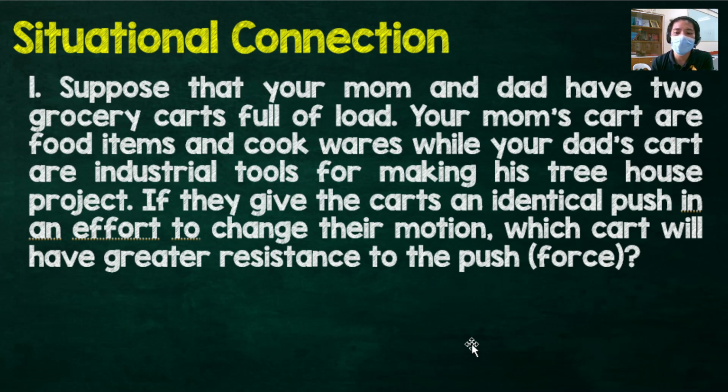If you give the carts an identical push in an effort to change their motion, which cart will have the greater resistance to the push? Is it your mom's cart or dad's? Go ahead and think over your answer.